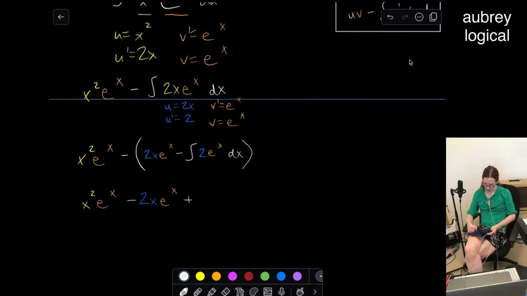So to integrate this, the 2 comes outside of the integration, and then we just do e to the x. The reason this is a plus is because we have a minus to a minus.